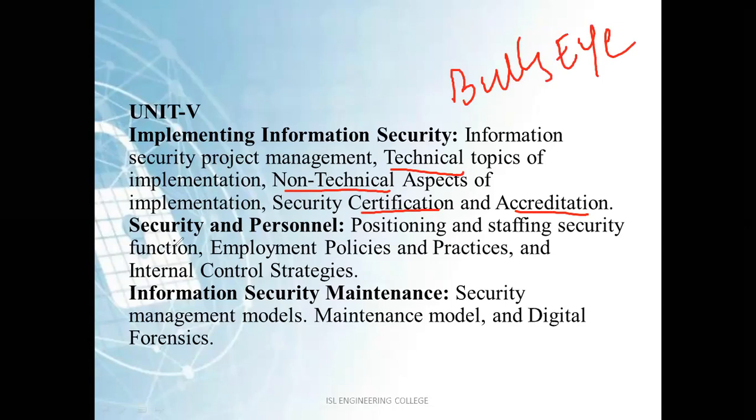And the next chapter is going to focus on security and personnel. Now this is positioning and staffing security, like how you're going to have all the staff associated within your organization.